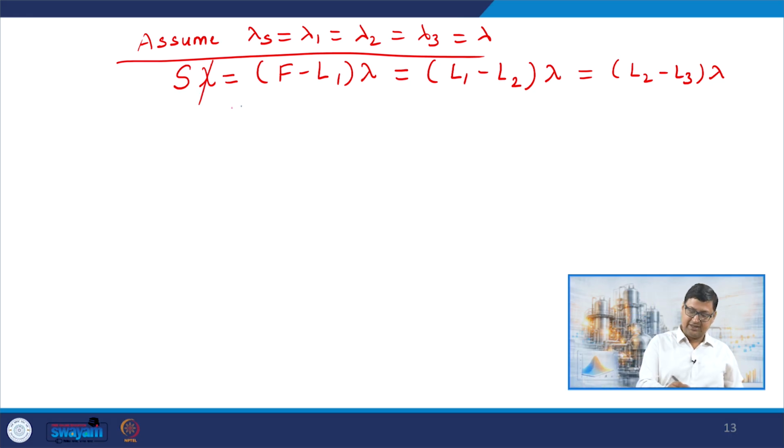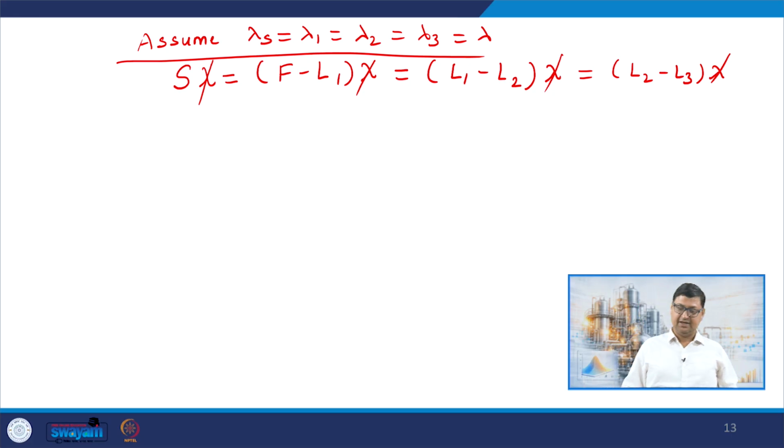So, now we can cancel this, and what we now note is we have F minus L1 is equal to L1 minus L2 is equal to L2 minus L3. So, the net change in the mass between the feed and the liquid coming out is the same in the three effects which I am getting, right.